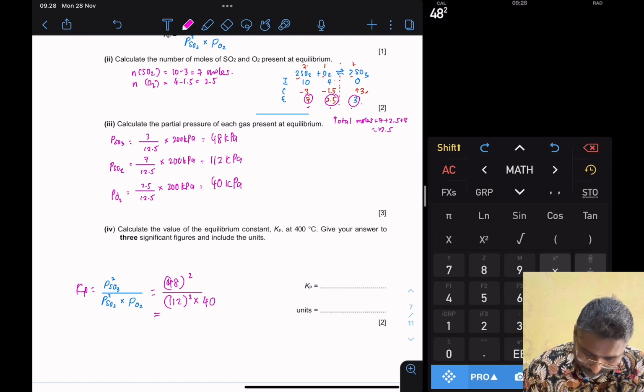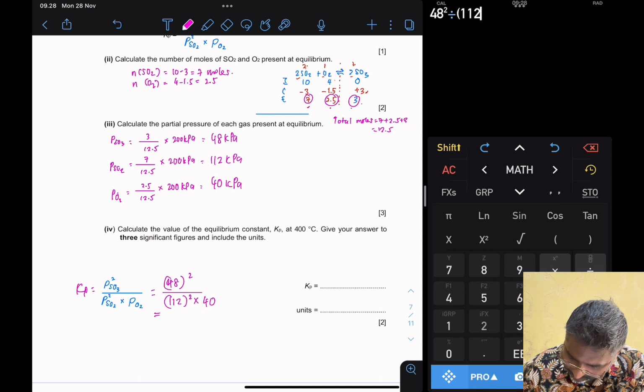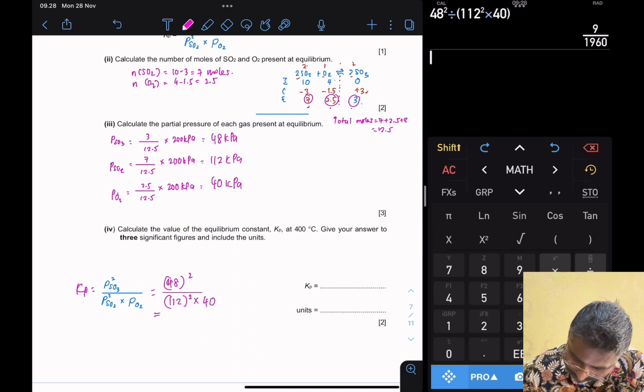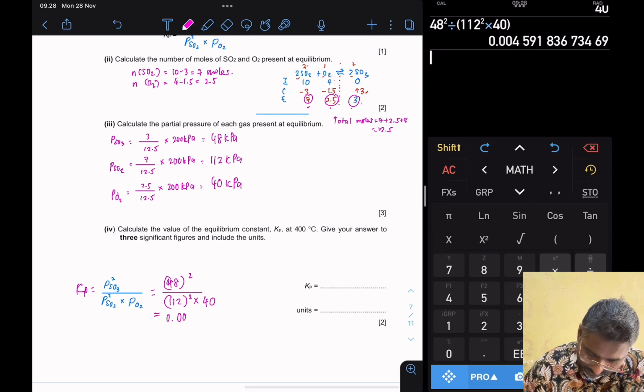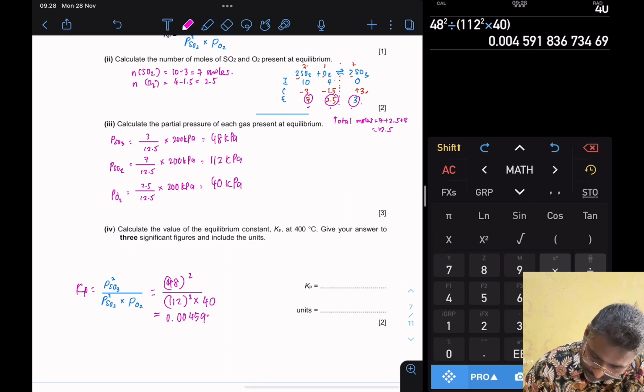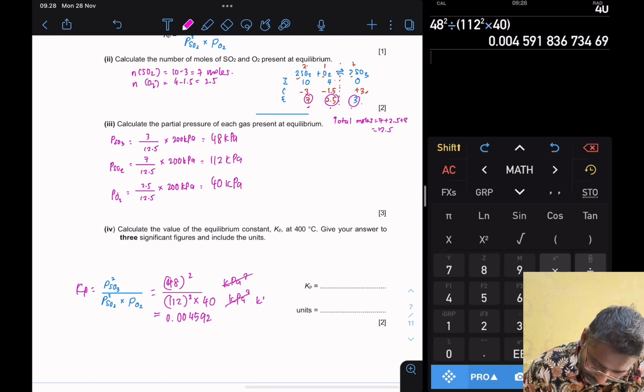So let's calculate. 48 to the power of 2 divided by 112 to the power of 2 times 40 bracket. So this one is 0.004592. And then kPa to the power of 2 and kPa to the power of 3, you cancel. So it's going to be kilopascal -1.